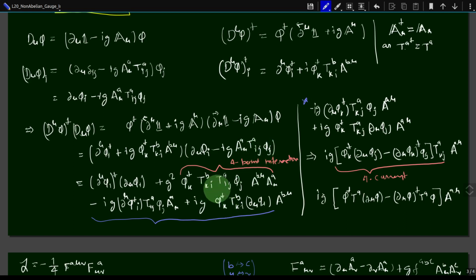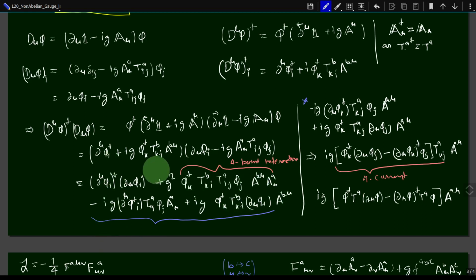Here i is summed over, here t^b_ki is there, and here t^a_ij is there. So these are matrix multiplications in a way, because i is summed over, and this is a row vector and this is a column vector, and here A^b_mu and A^a_mu are sitting. So these indices are contracting with each other. So this is the four-point interaction involving two scalars and two gauge bosons that you get.